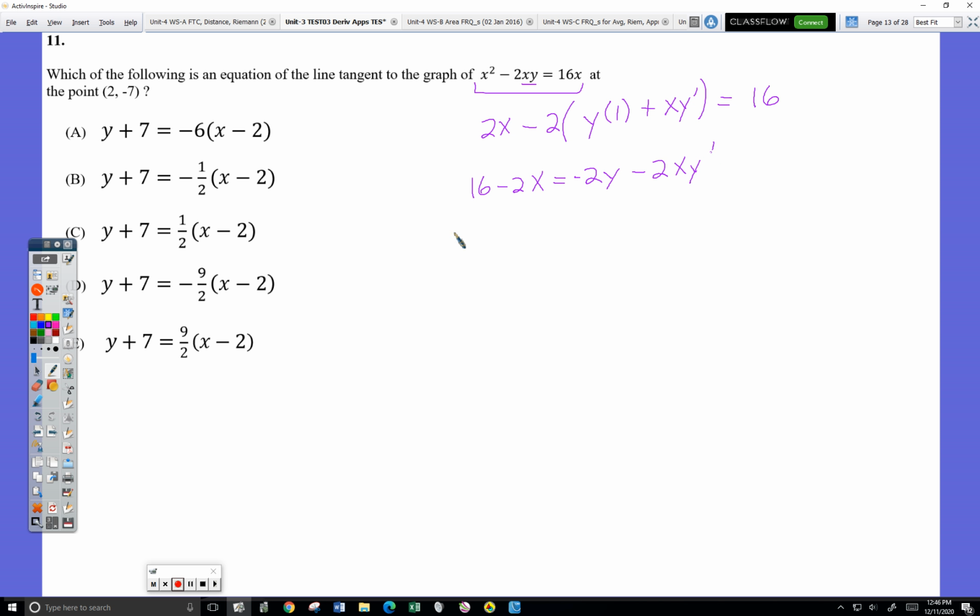It should be 16 minus 2x plus 2y equals negative 2x dy over dx. Any questions about any of it? I just realized what I did wrong: when I wrote the next one down, I forgot to do minus 2x again, and I just dropped it. Okay, so that's what I did wrong. There you go.